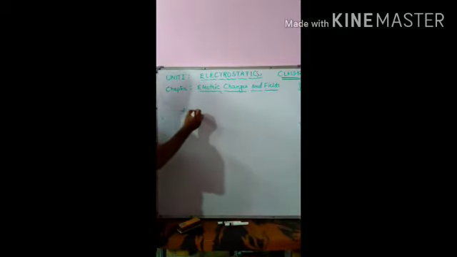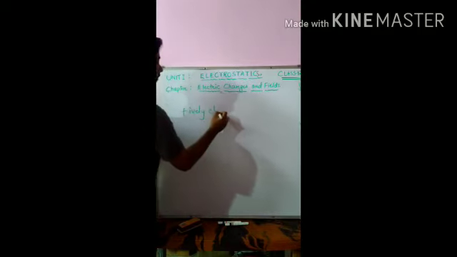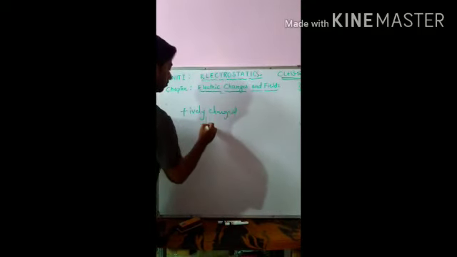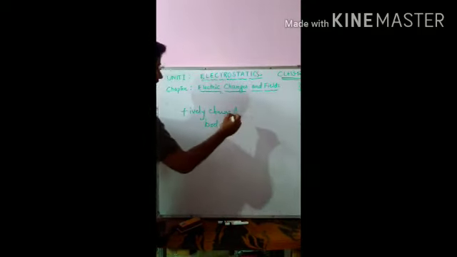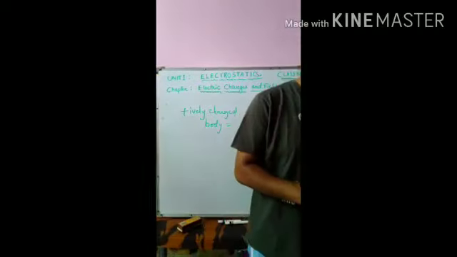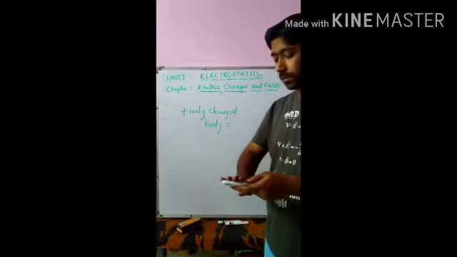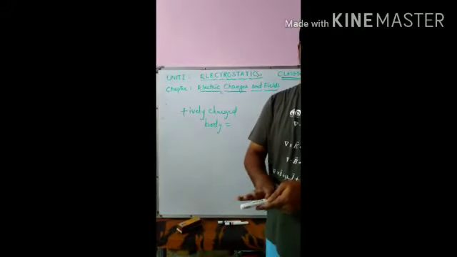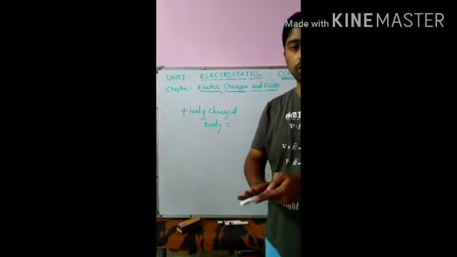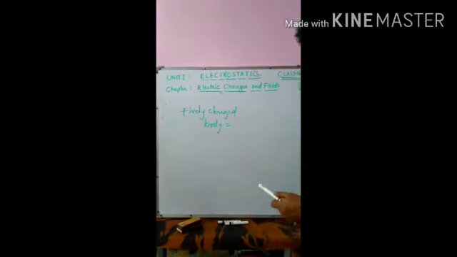Now, positively charged body. What is a positively charged body? Suppose you have this body and you rub it. By rubbing, what you are doing? There is friction between your hand and that particular object.